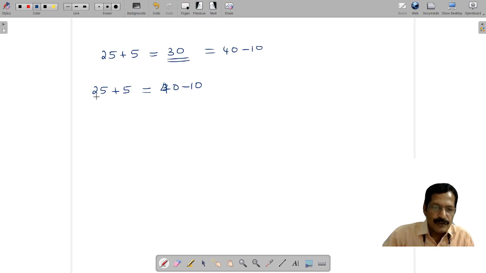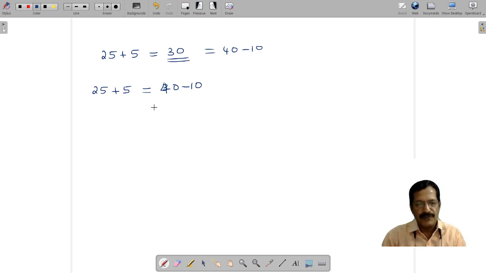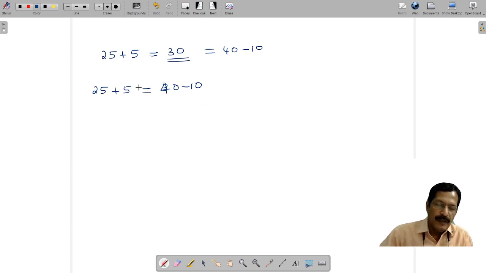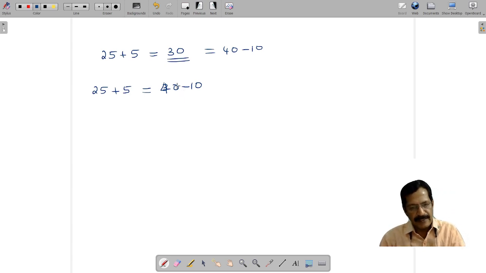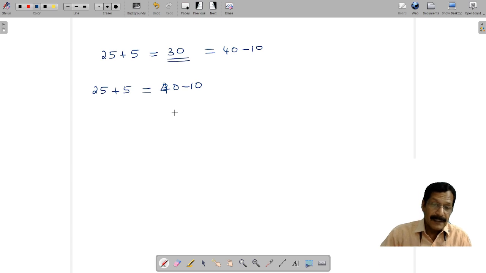Children, 25 plus 5 is on the left hand side of the equal symbol, and 40 minus 10 is on the right hand side. If you shift one number from one side of the equal symbol to the other, its sign changes. That is, if we shift 5 to the right hand side, this plus 5 will become minus 5.